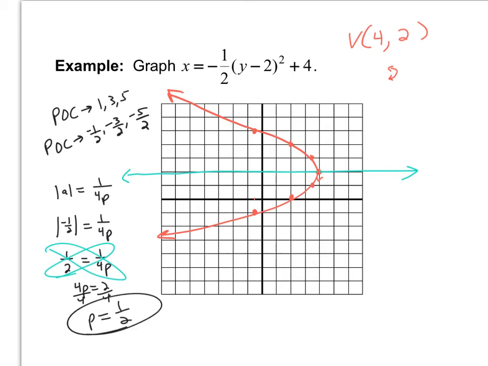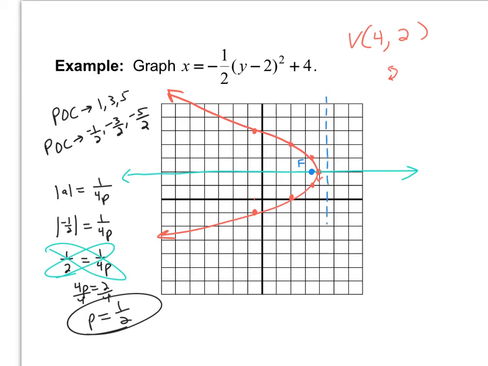What that means is that I'm going to go 1/2 unit into the center, the inside of my parabola. That point right there is going to be my focus. Then I'm going to go 1/2 of a unit outside of my parabola, and that's going to be my directrix.